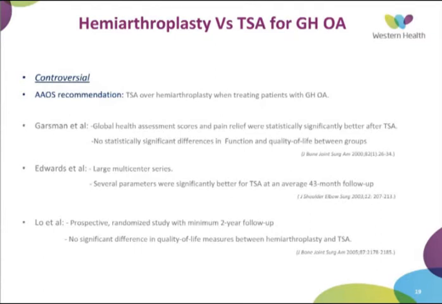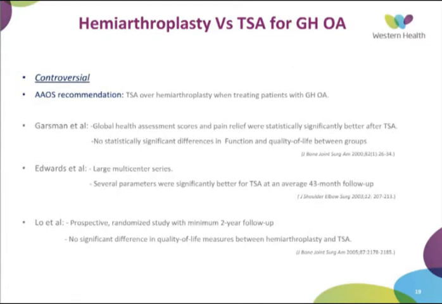One of the studies that's been quoted in both the JOS papers as well as a couple of other papers like the JBJS ones says that the assessment score on pain relief is statistically significant in the total shoulder replacement, but the function and quality of life do not change that much between the two groups.